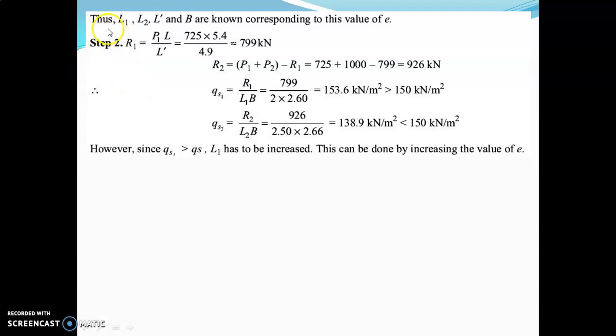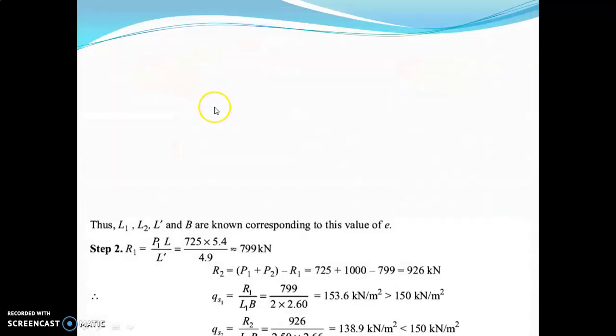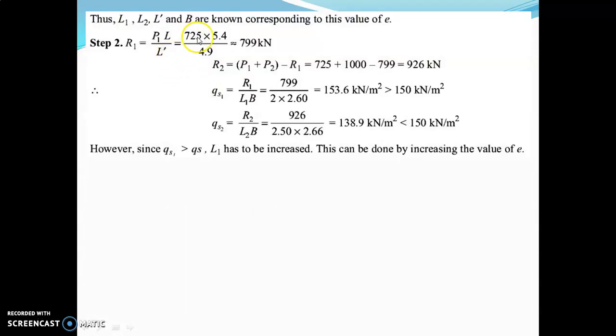How you can calculate? Now we have L1, L2, L dash and B known corresponding to the value of E. Now R1 is equal to P1L divided by L dash. Correct? P1L divided by L dash. So P1 is 725 into L, L is 5.4 divided by L dash, equal to 799 kilonewton.